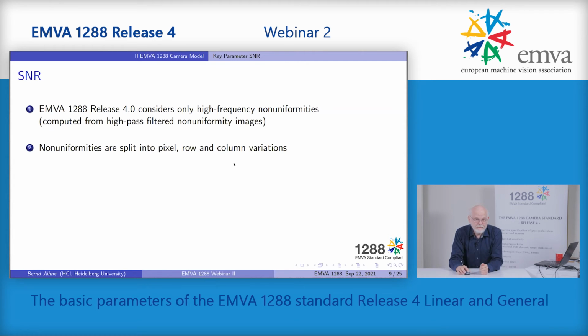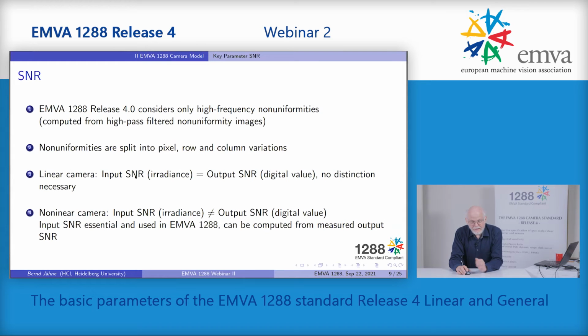column variations. For a linear camera, we only speak about SNR. The reason is simply that we have a linear system, so the input SNR, that means the irradiance or exposure we want to measure, is basically equal to the output SNR. With a nonlinear camera, we have to be very careful.